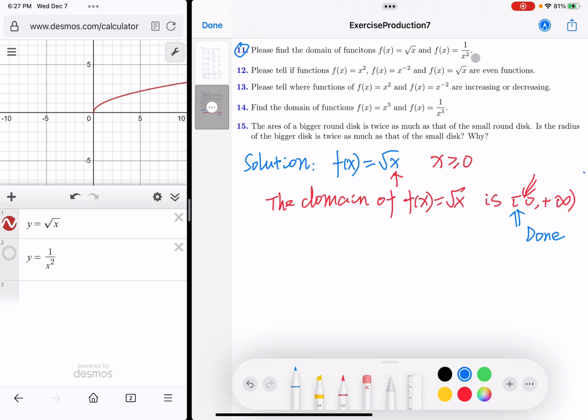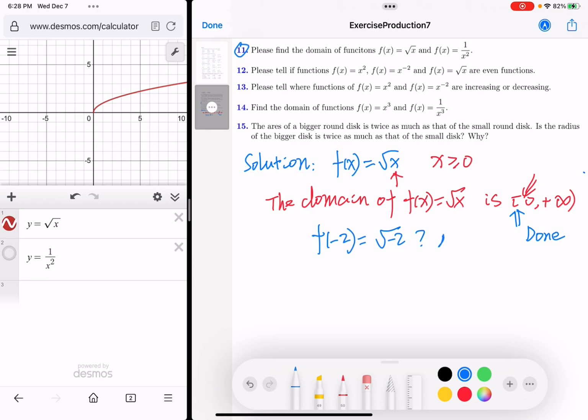And here is the picture. So you can see here, x must be greater than or equal to 0. So we only have points on the right-hand side of the y-axis, not on the left-hand side. Because if you plug in a negative number, for example, -2, what do you get?